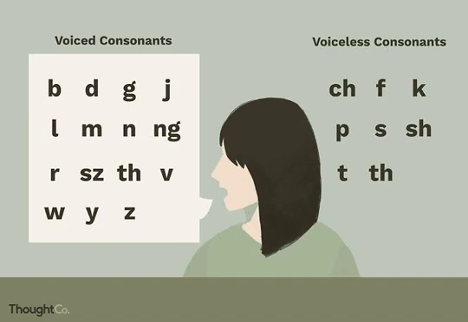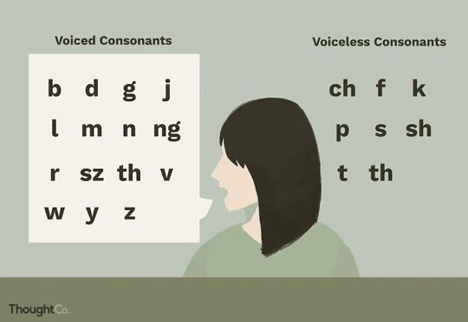Work out whether they are voiced or voiceless. Work out which symbol is used to represent them in transcription. Tip: to complete the exercise, remember to isolate the consonants from the rest of the word. That is, just say the consonant on its own.